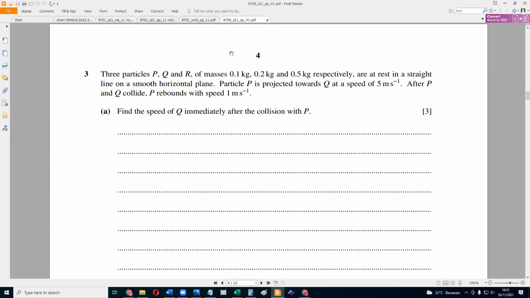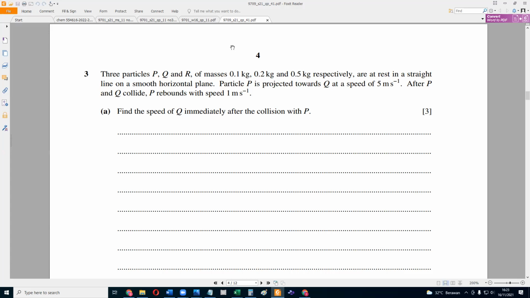3 particles, P, Q, R, are at rest in a straight line on a smooth horizontal plane. Particle P is projected towards Q at speed of 5 meters per second. After P and Q collide, P rebounds with speed 1 meter per second.